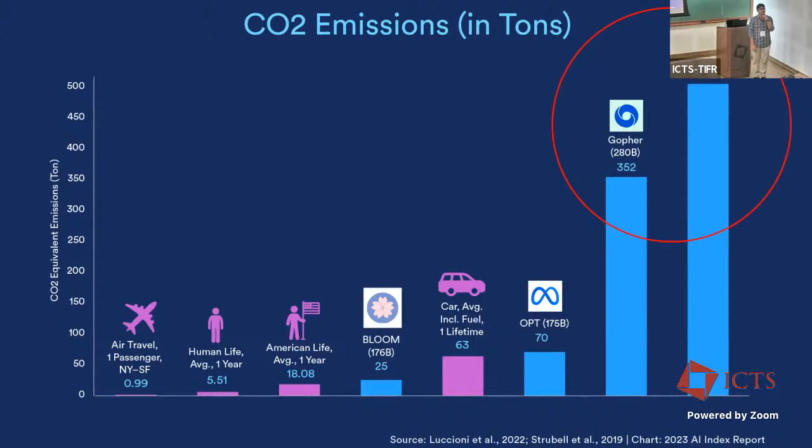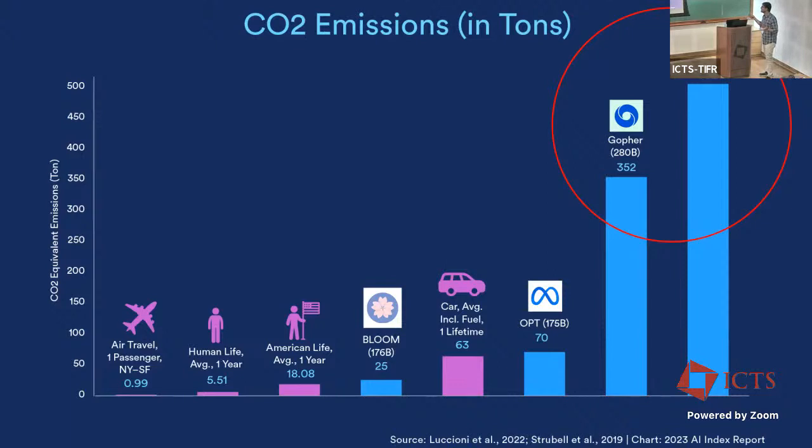Is that total emissions till now? Once it's trained, you just use it for inference. So this is the total emissions created while training GPT-3. I think so, yeah. What else could it be? No, I'm saying it's not that much compared to air travel, one passenger.